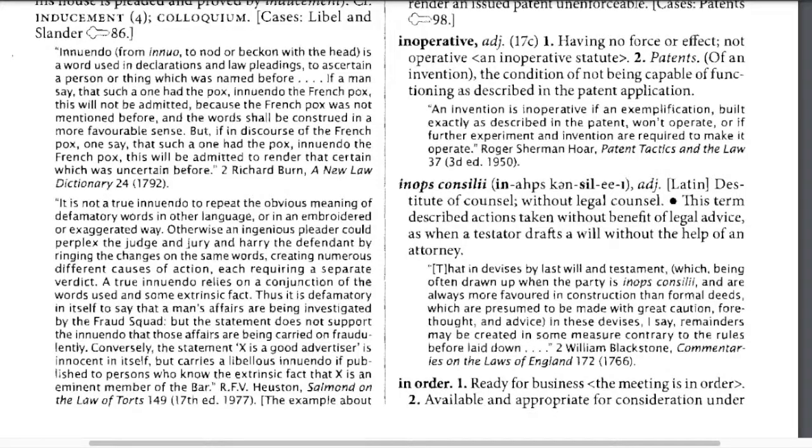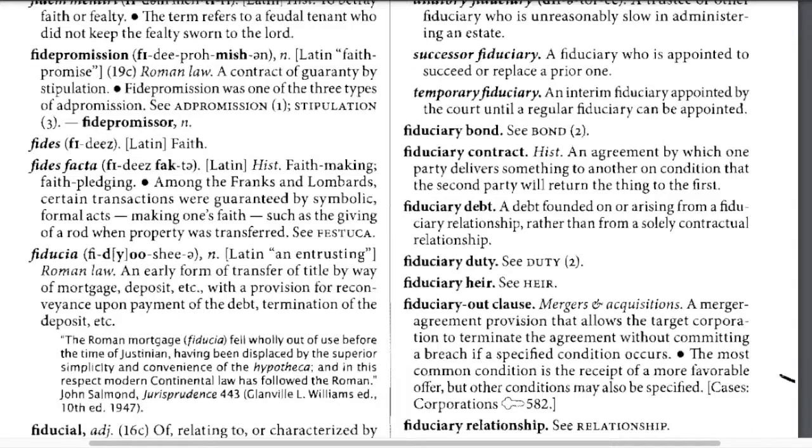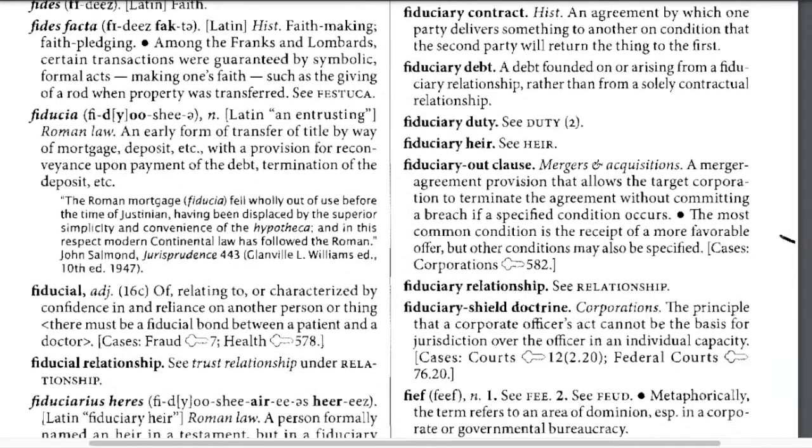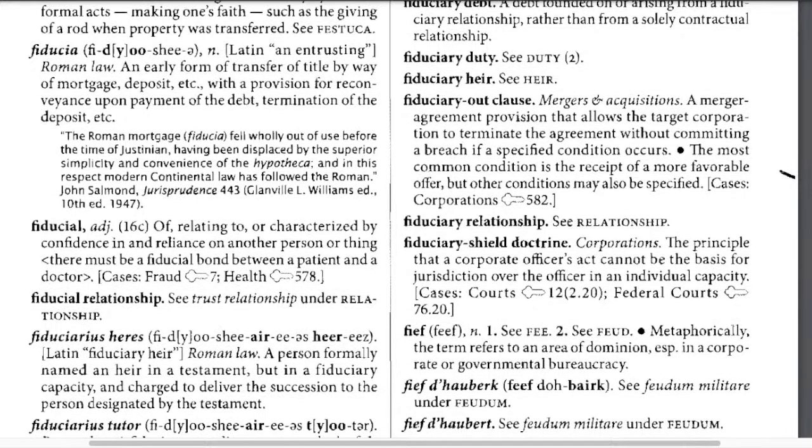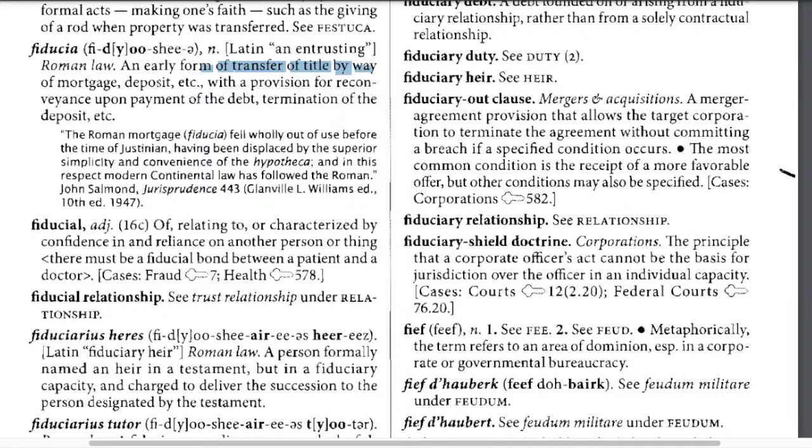So we mentioned fiduciary, and it's actually got quite an etymology to it. Fiducia comes from the Latin, entrusting, from Roman law, an early form of transfer of title by way of mortgage, deposit, etc., with a provision for reconveyance upon payment. Fiducial: of or relating to, or characterized by, confidence in or reliance on another person or thing, 16th century.